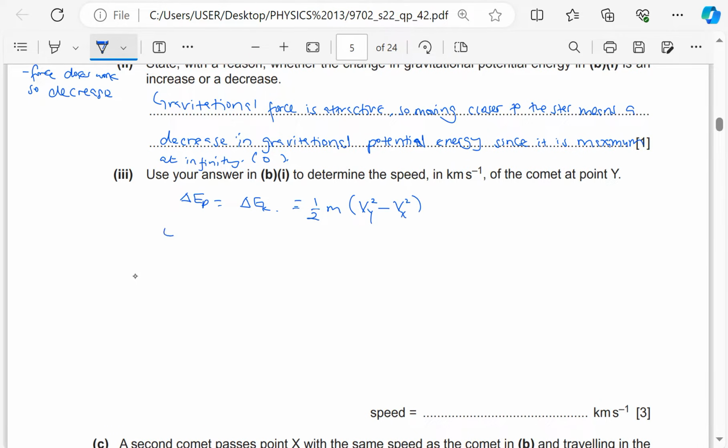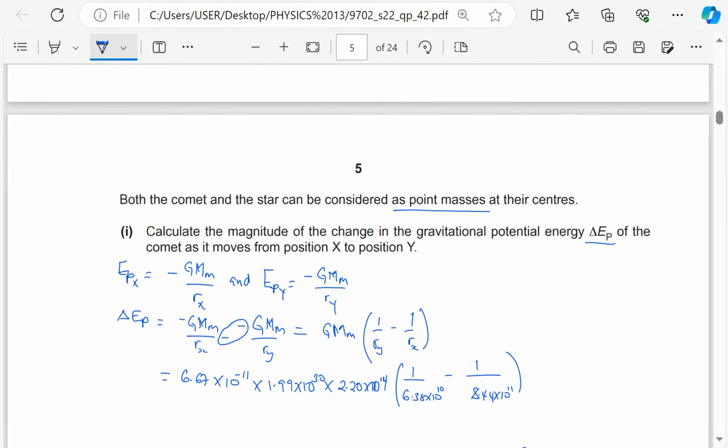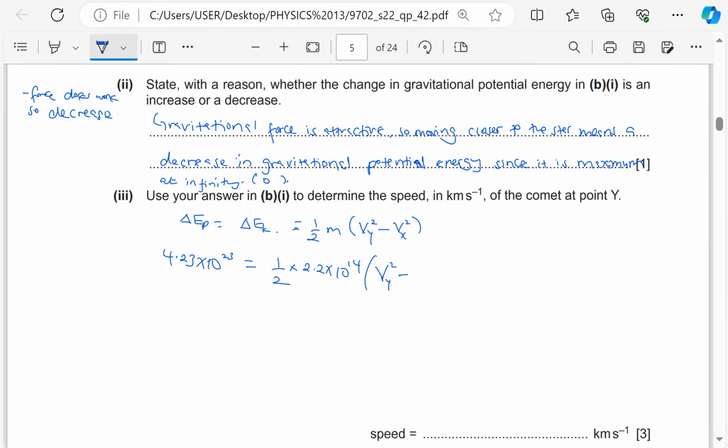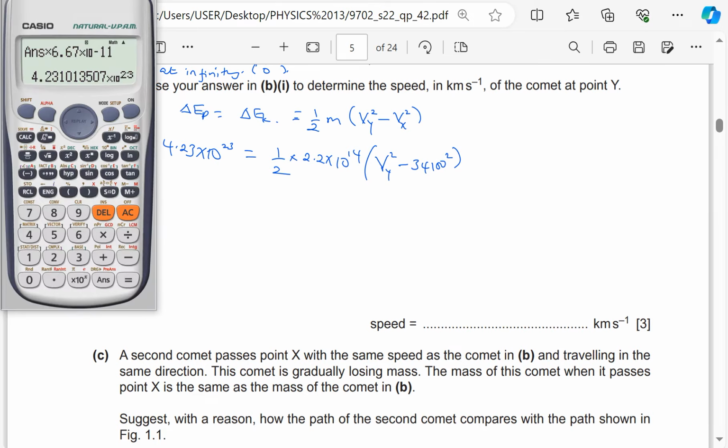So the change in potential energy, we got it as 4.23 times 10 to the power of 23. This will be equal to a half times the small mass, which is 2.2 times 10 to the power of 14, times vy squared minus the velocity at x, which was 34.1 kilometers per second, so 34100 squared.